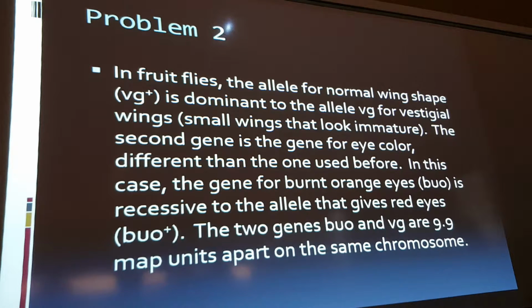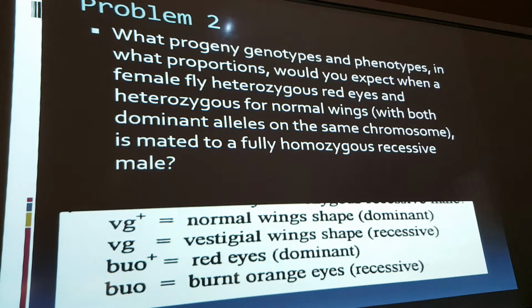The second gene is the gene for eye color. Okay. In this case, the gene for burnt orange eyes is recessive to the allele for red eyes. These two genes are 9.9 map units apart on the same chromosome.